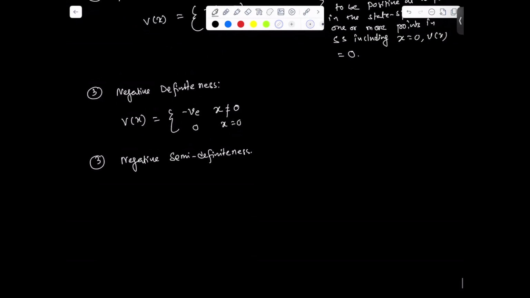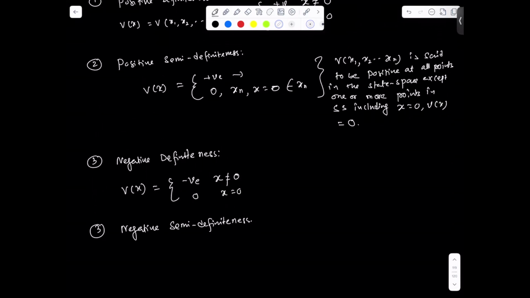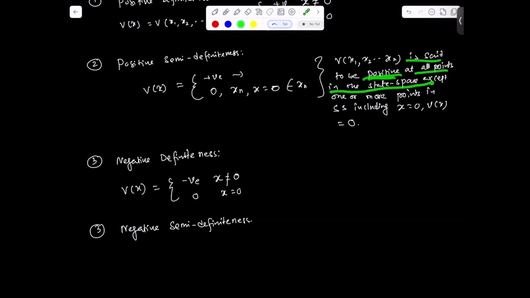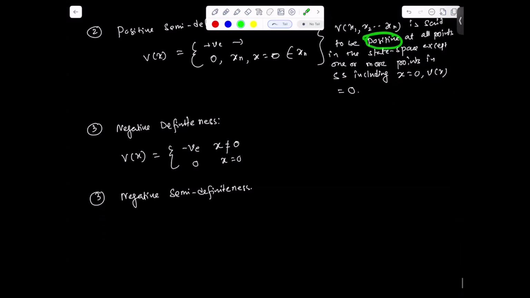Here we can come up with the same definition: V of x is said to be negative, instead of positive, at all points in the state space except one or more points, including x equal to 0, where V of x equals 0. It is the same definition except that instead of positive we write negative, so I'm not going to write that out. This is how we define negative definiteness and positive definiteness.